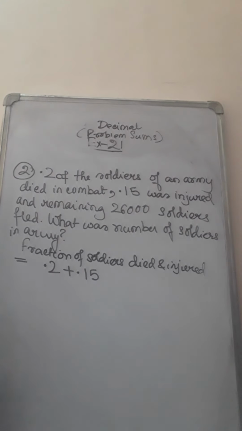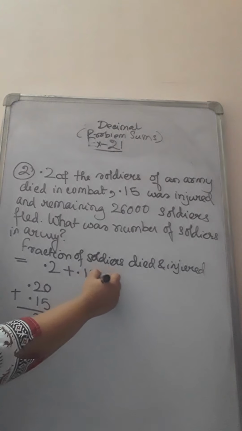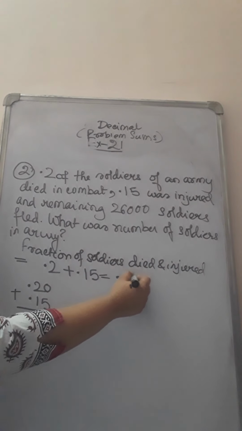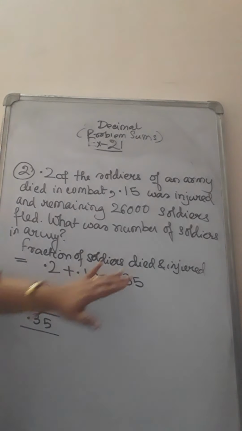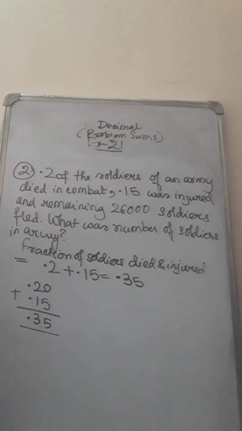So you have to do this addition. So for 0.2 plus 0.15, just place 1 zero over here to equalize the places, and the point is before two numbers. In addition, the rule is that in the answer also the point should be before two numbers. So this is equal to 0.35. So this is the fraction of soldiers who died as well as who got injured.